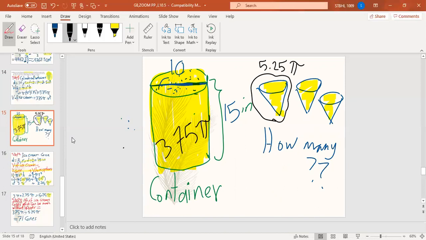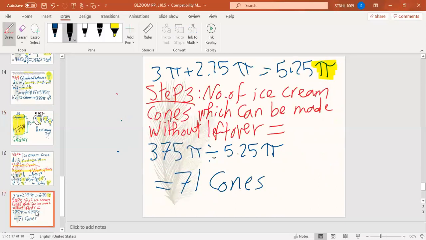Now when I divide 375 pi by 5.25 pi, how many cones of ice cream will Mr. Mel get? And the question asks, with no leftover.